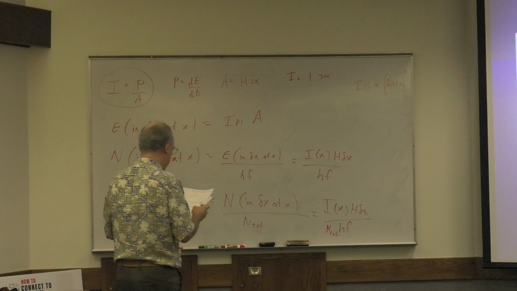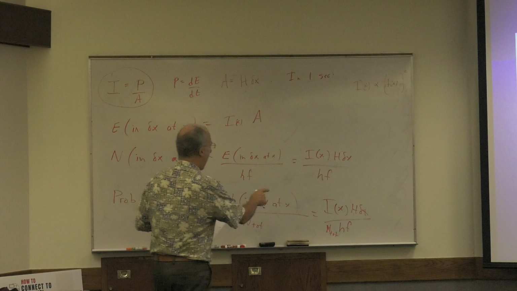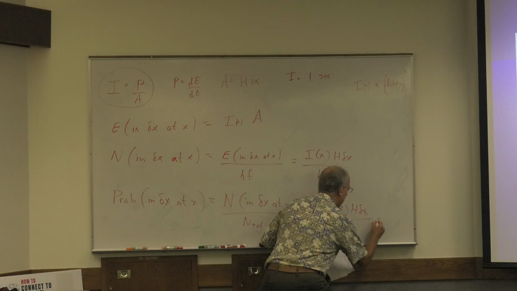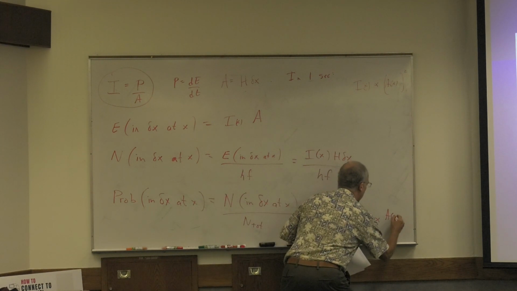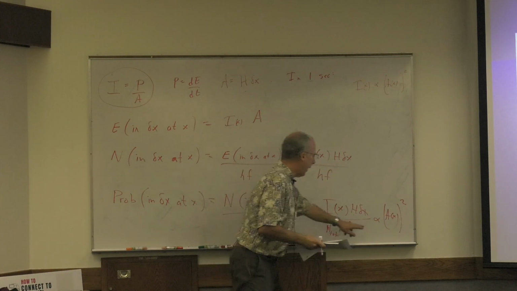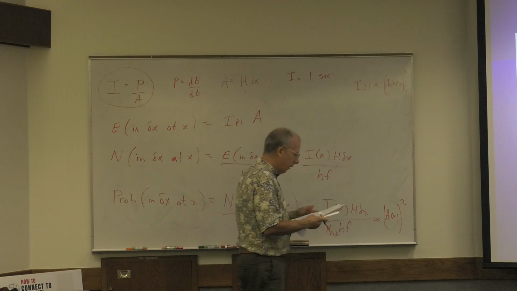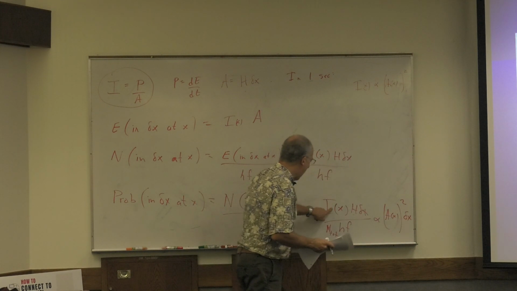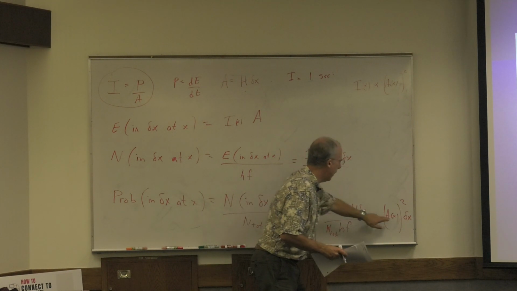Now, I is proportional to the amplitude squared. Now notice, I just wrote proportional. What happened to the h? Oh, I forgot the delta x. Okay, so I is proportional to A_x squared.